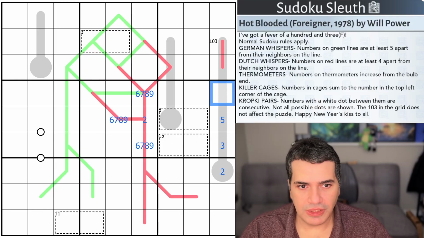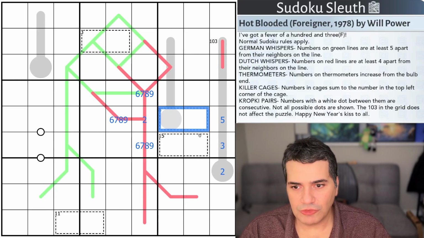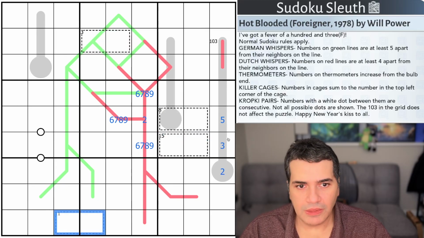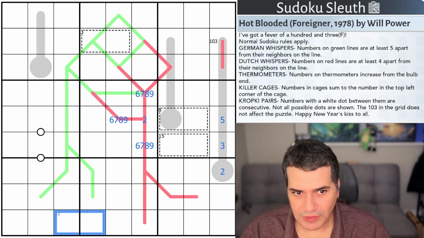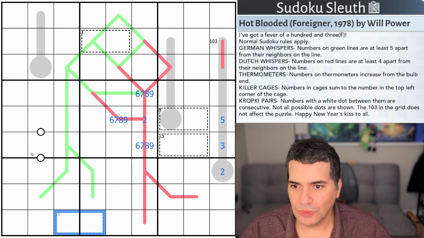We've got killer cages. Numbers in cages sum to the number in the top left corner. So these 2 cells have to add up to 8, 15, 3, 11. And then, of course, last but not least, we've got the Kropki pairs. Numbers on white with a white dot between them are consecutive, and not all possible dots are shown. The 1 or 3 in the grid does not affect the puzzle, and Happy New Year's kiss to all.